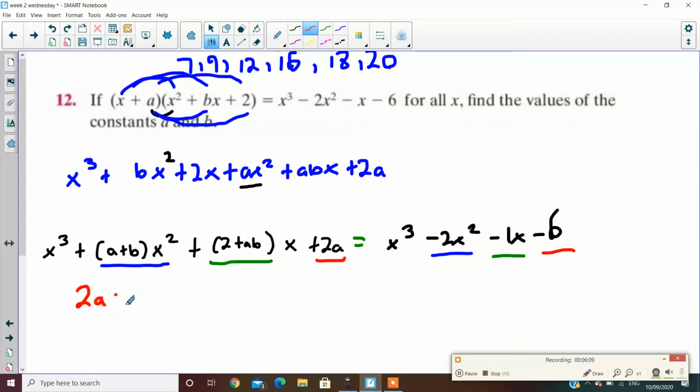It looks pretty easy. 2a equals minus 6, therefore a equals minus 3. I can choose either the green or the blue section. It doesn't really matter. I'll choose the blue section, where a plus b equals minus 2, because it's a plus b x squared equals minus 2x squared.